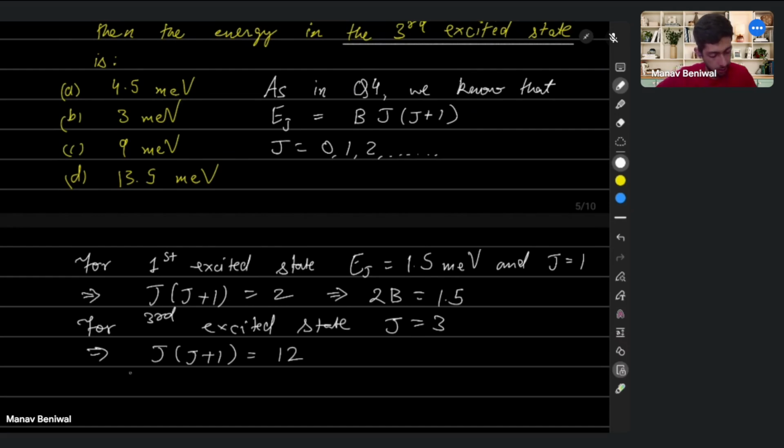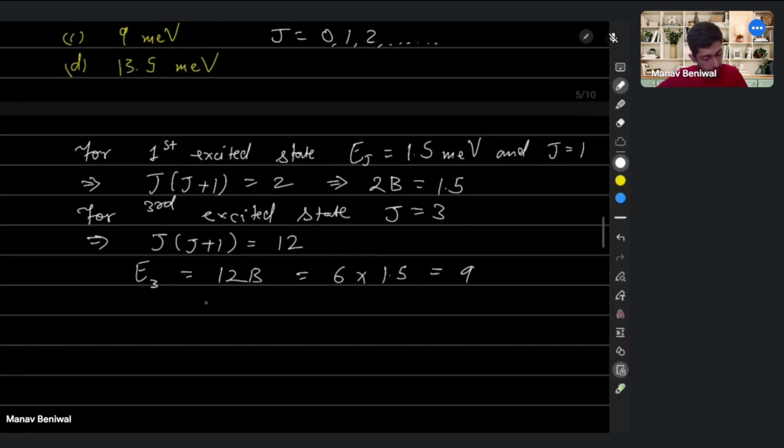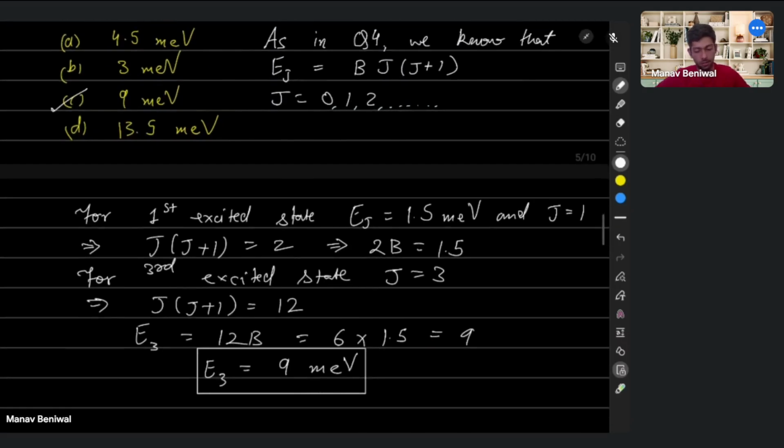And therefore E3 will be 12B, which will be 6 into, because 2B is 1.5, so this will be 9. So E3 is equal to 9 MeV, which means option C.